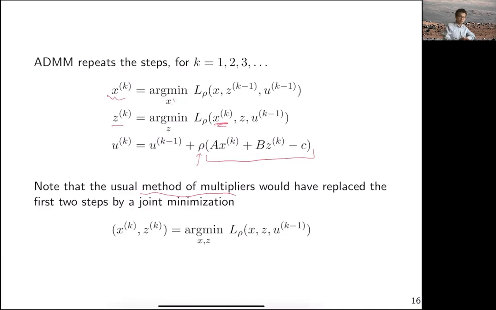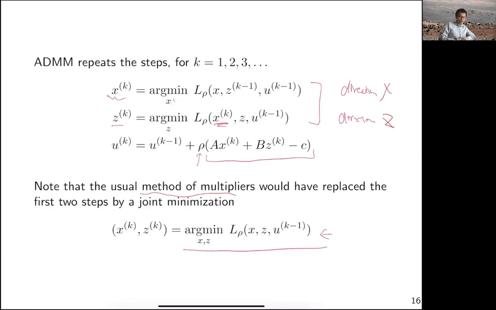Instead of minimizing over two alternating directions, direction x and then direction z, in the standard method of multipliers or ALM, what you need to do is to jointly minimize over x and z. That's the reason why it breaks the decomposability.